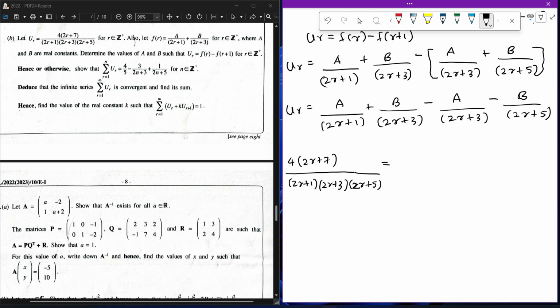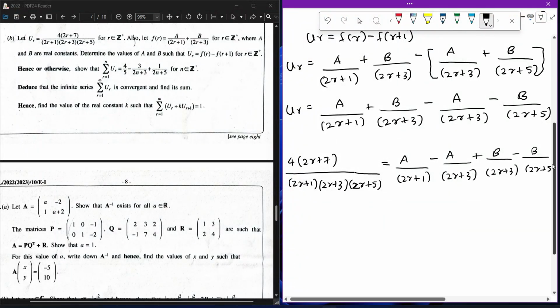And now take the a values in one category, a over 2r plus 1 minus a over 2r plus 3, then the b expression separately, plus b over 2r plus 3 minus b over 2r plus 5.